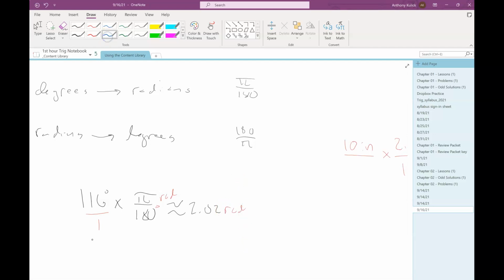If I was given something in radians, I'd want to multiply it by 180 over pi radians, so that the radians would cancel, and I'd be in degrees. So it should be easy to remember which way the fraction goes, because it works just like your unit conversions in your chemistry class.